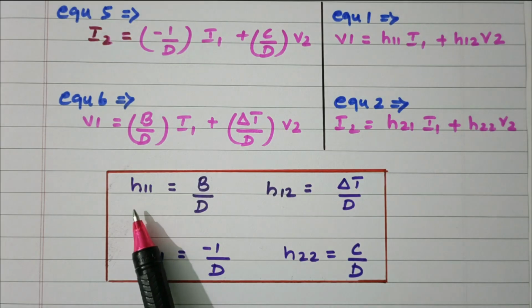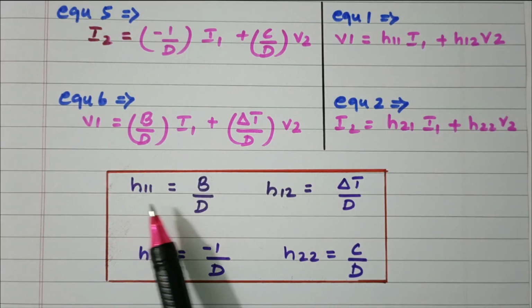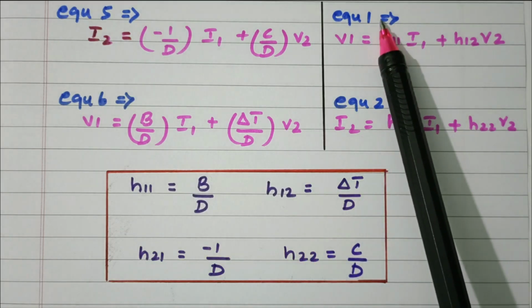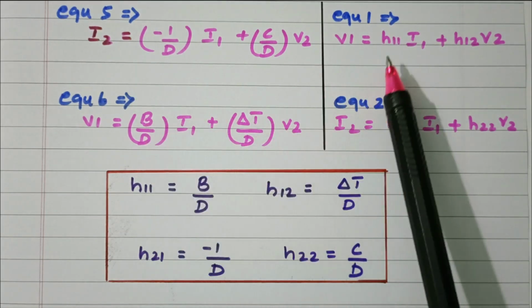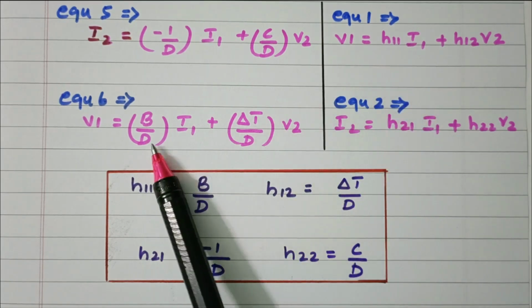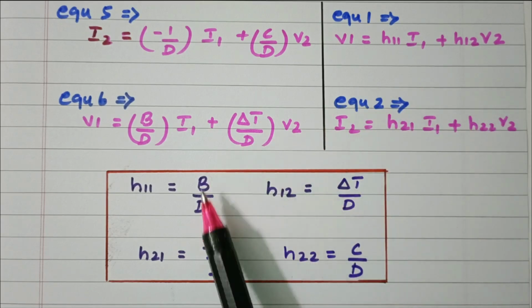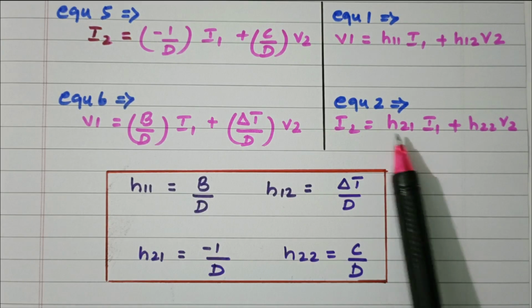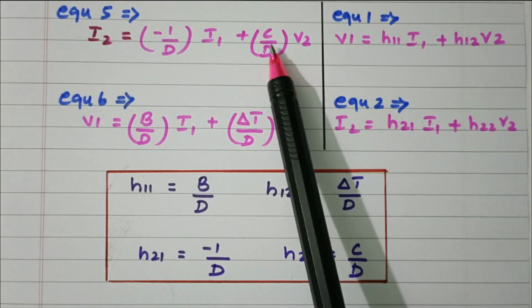So now we got the relationship between H and ABCD parameters. So all these hybrid parameters are expressed in terms of the ABCD parameters, right? So we compared equation 1 and 6. So H11 is this term, H12 is this term. Similarly, we compared equation 2 and 5. H21 is this term, H22 is this term.